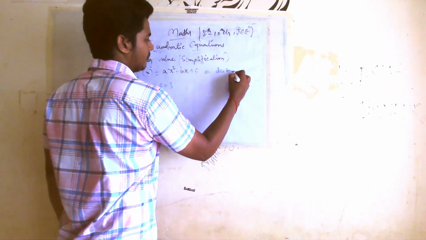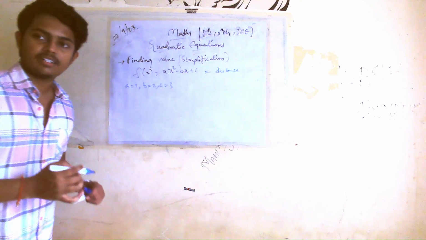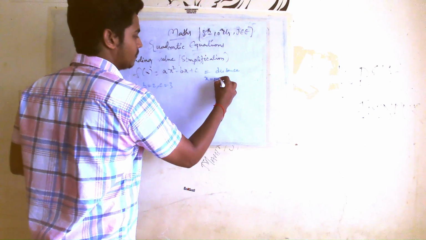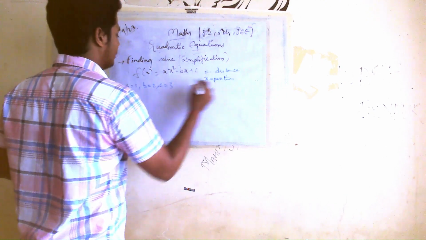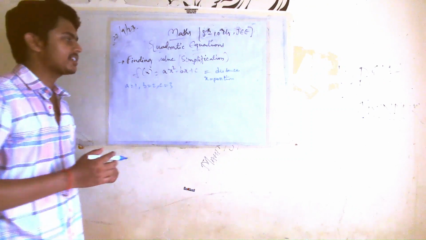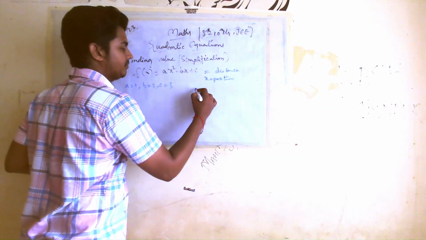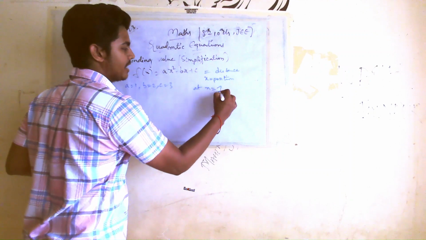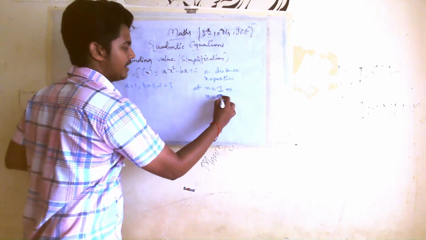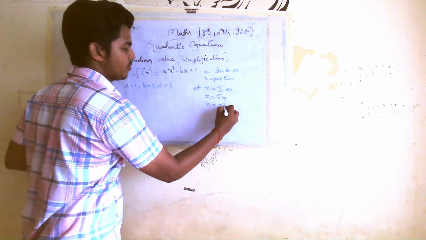Let's say it is a distance equation where x is position, and f of x is its distance from a fixed point. Now he is asking to find the distance at x equal to 1 meter, x equal to 5 meters, x equal to minus 2 meters.